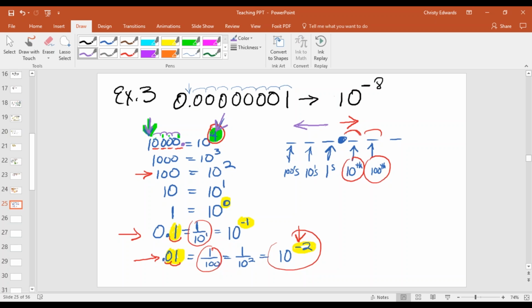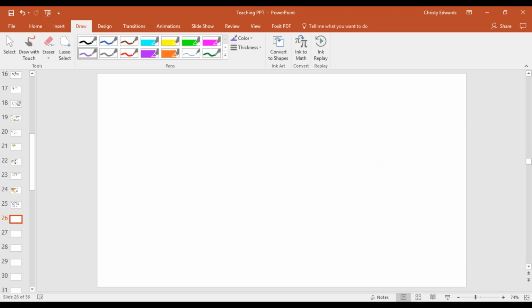But on the right-hand side, you just count how many total digits after the decimal. 1, 2, 3, 4, 5, 6, 7, 8. And since it's in the decimals, it's in negative exponent land. With this page, I think you could take anything that they give you in the homework.